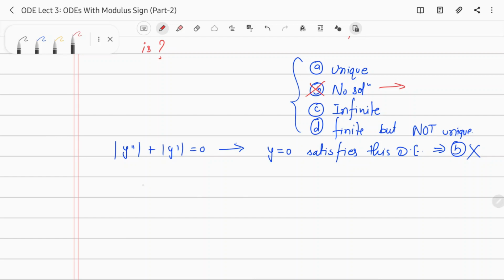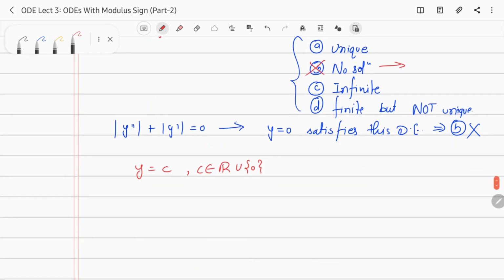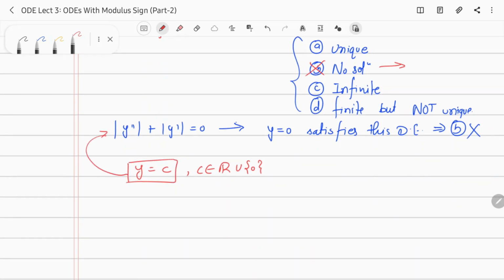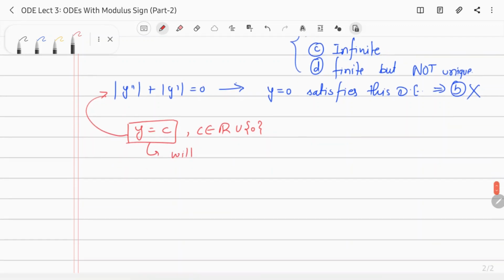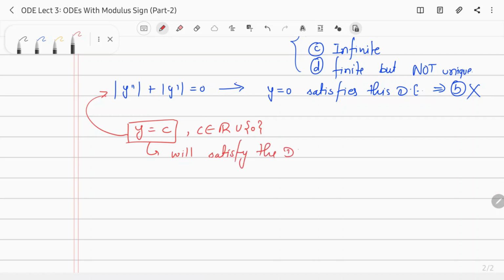If I take y equal to c, let us say any constant, c belongs to real numbers union 0, because we are taking y equal to 0 also, then this y equal to c satisfies the differential equation.